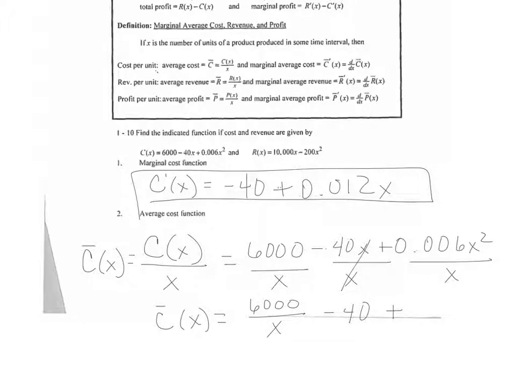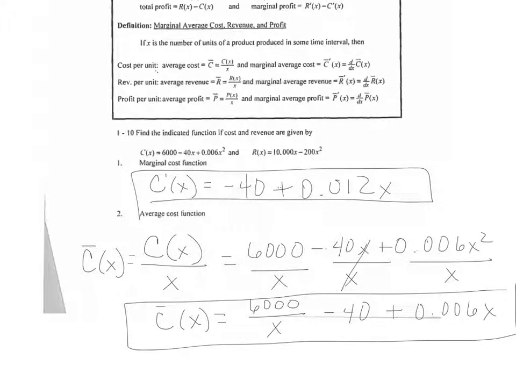So if I have an x squared on top and an x on bottom, that's going to give me what? X to the first on top. So I have 0.006x. That is my average cost function. So if all I wanted to know is what's going to be my average cost if I make 200 of these units, I can plug that in and I will know exactly what it is. Okay? Good.